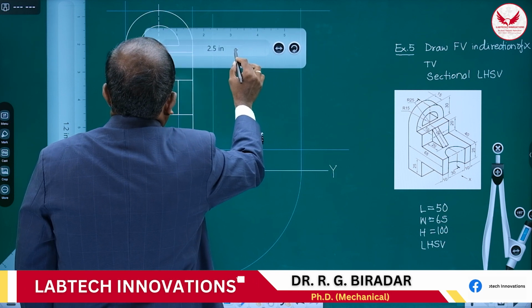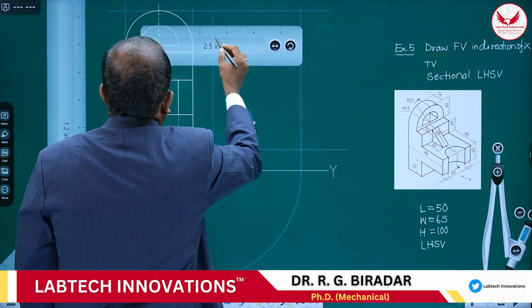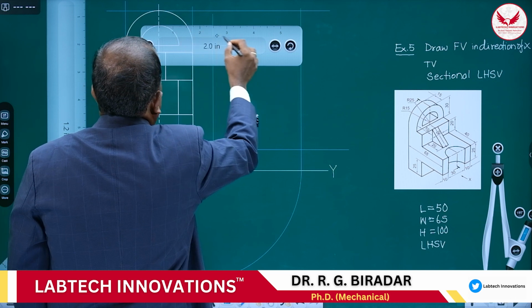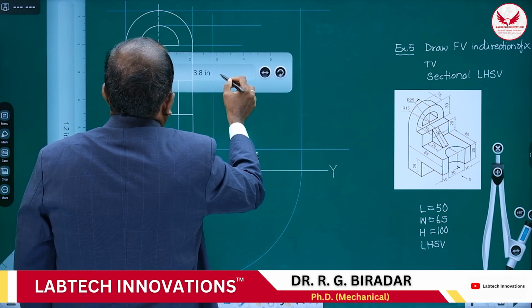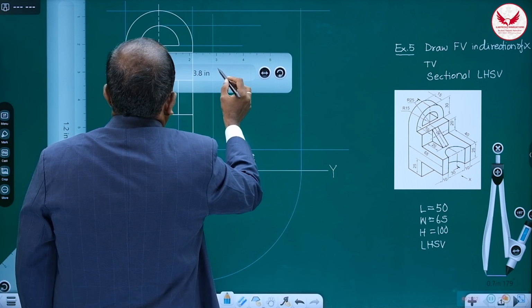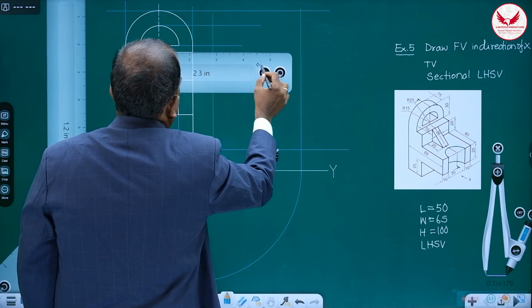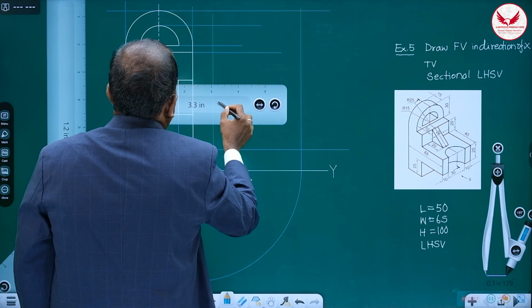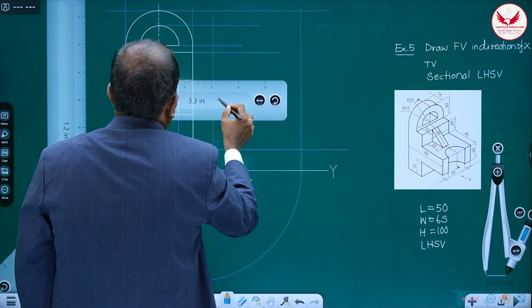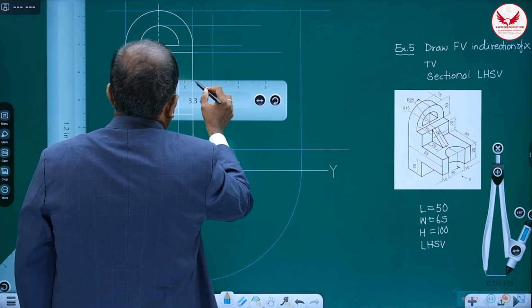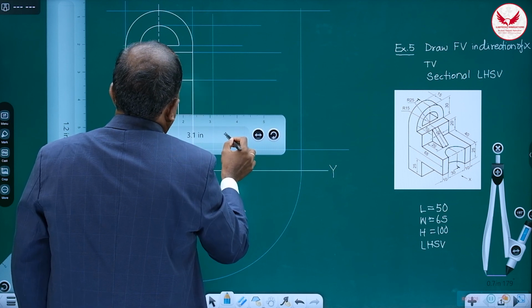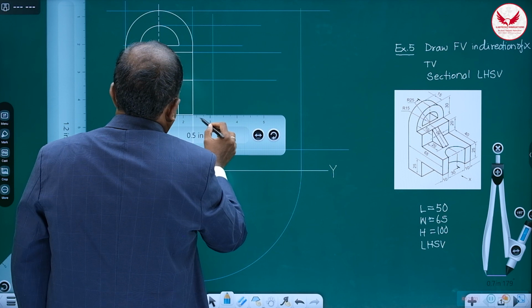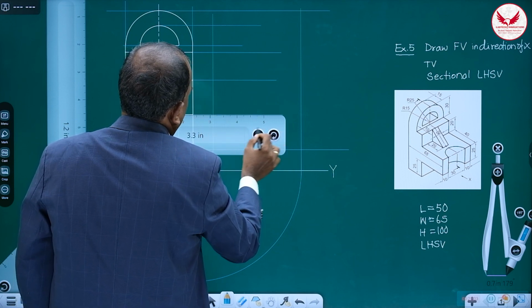So take the projection of all, if circular portion is there, mark its tangent line. Then if horizontal line is there, take its projection in the side view, like this. So this part also, all these lines, all horizontal lines, like this.